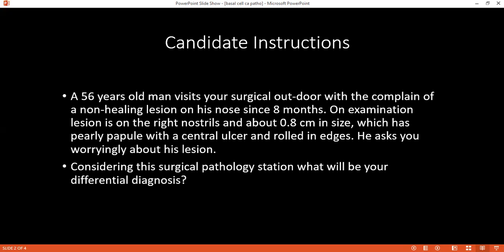Once you are taking a biopsy or punch biopsy or whatever sample you have to take, what are the things that you would keep in your mind?